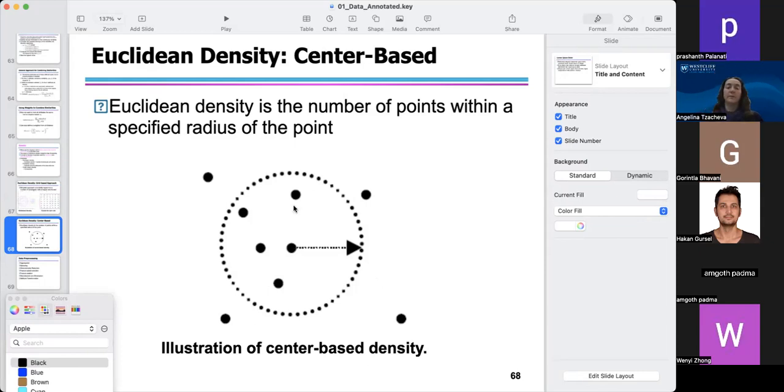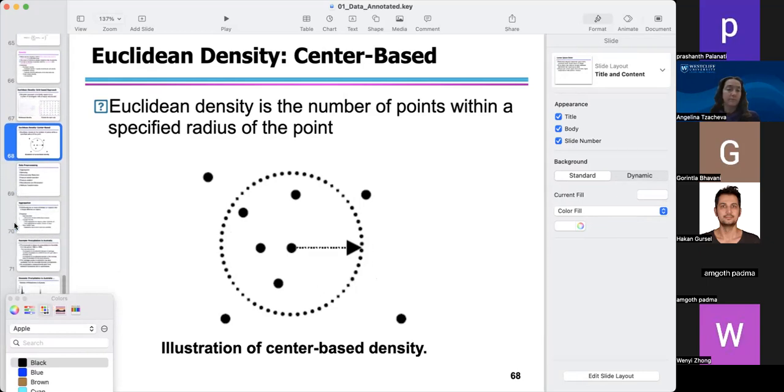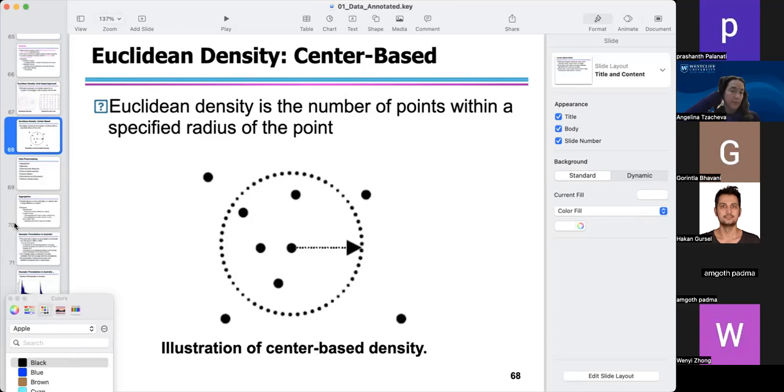The radius of the circle, if there are any points inside of the circle, they are within the radius. So we're going to count the number of points within the radius that is within this dotted line here. And that gives us the Euclidean density.